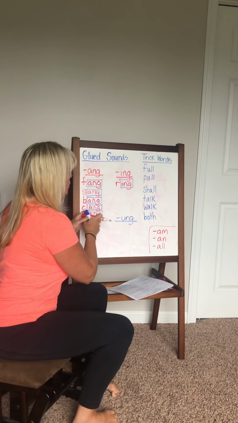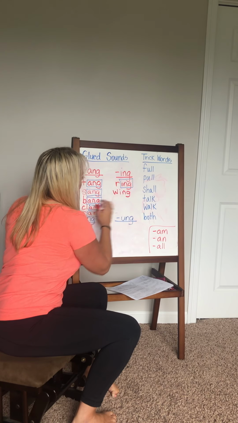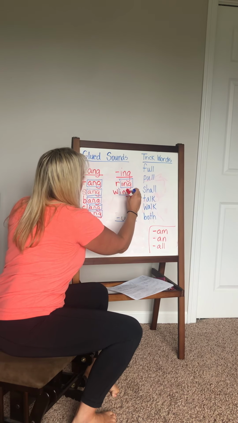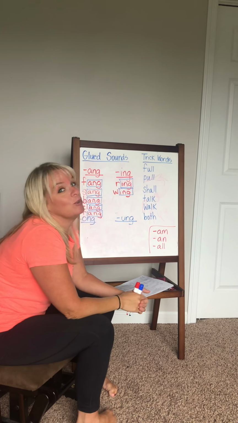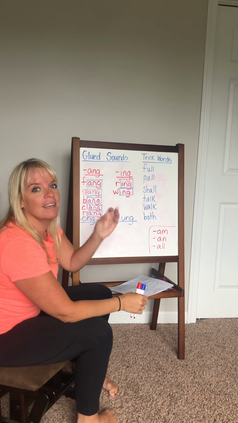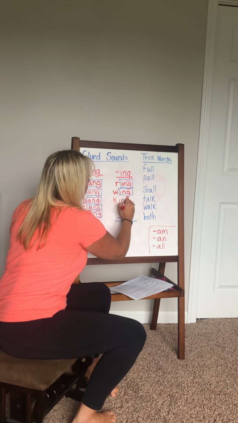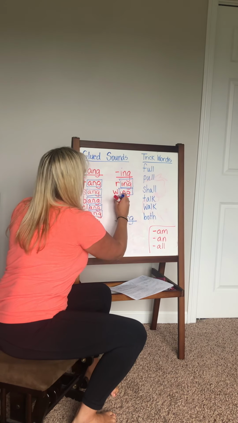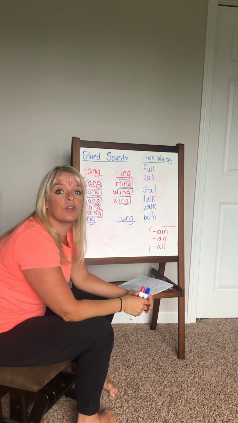W-ing. So we're gonna write w-ing, and we're gonna box our glued sound. Next word, king. Like you are all kings in my book. Let's tap it out. K-ing. And we're gonna box it. The next word is string.